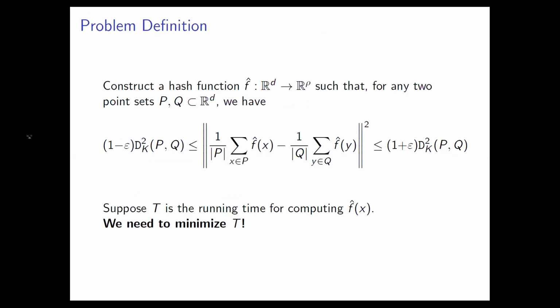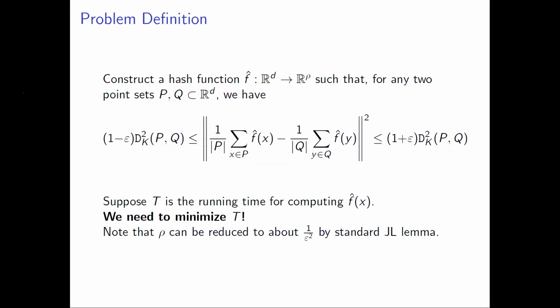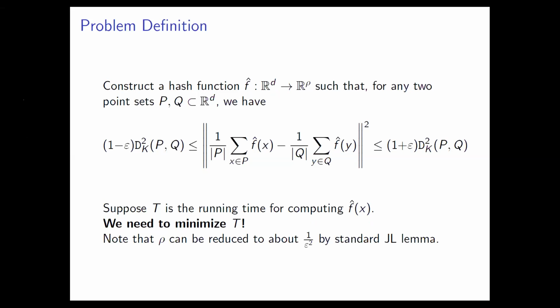We want to construct a map f hat such that we have a 1 plus or minus epsilon approximation of the kernel distance. And let t be the running time for computing f hat. Then, of course, we want to minimize the running time t. And note that we can always bring down rho to about 1 over epsilon squared by the standard JL lemma.